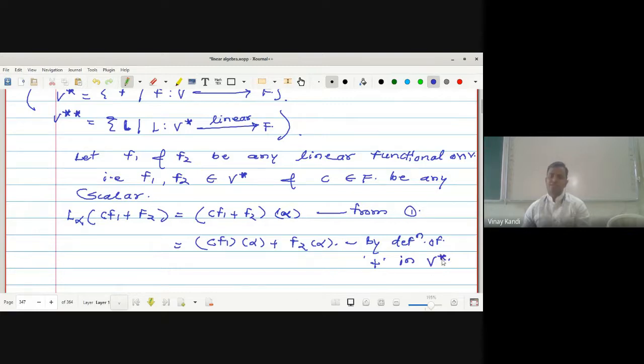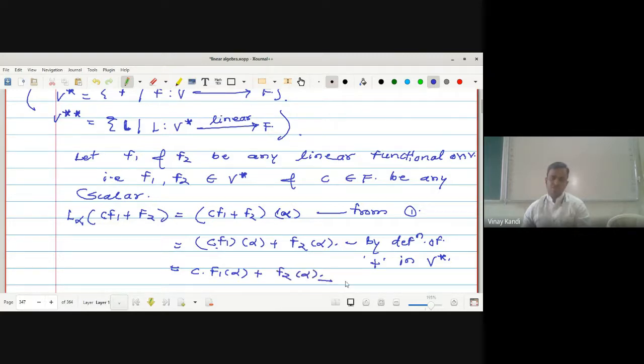V star is a vector space, and since addition is defined in a vector space, it operates like this: c f1 of alpha plus f2 of alpha, which is equal to c into f1 of alpha plus f2 of alpha.